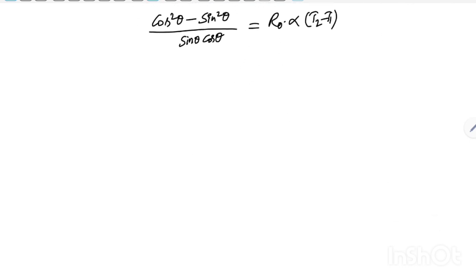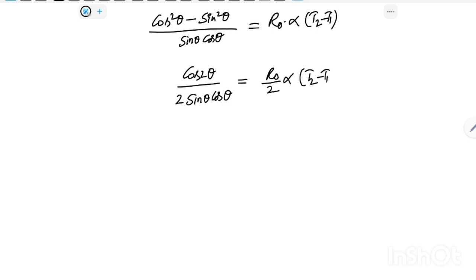Now if you observe the numerator, I can write the numerator as cos 2 theta, and if I multiply by 2 on both sides, the LHS and the RHS, you will get 2 sin theta cos theta in the denominator here, and here you will get R naught by 2 into alpha into T2 minus T1.